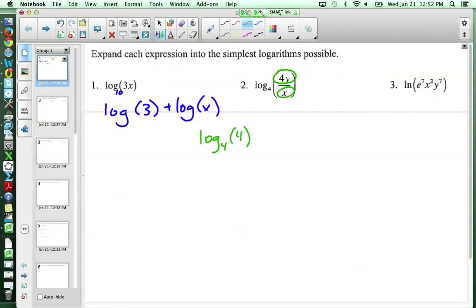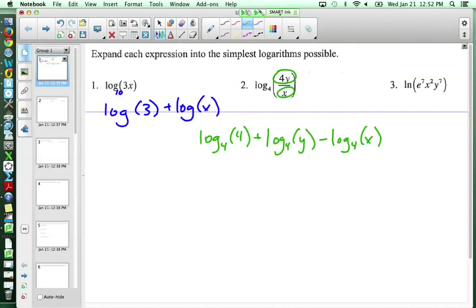That's a positive log because the 4 is on top. The y is also positive, plus the log base 4 of y. But the x is on the bottom, and so we need to subtract the logarithm that has the x inside of it. So the log base 4 of 4 plus the log base 4 of y minus the log base 4 of x.